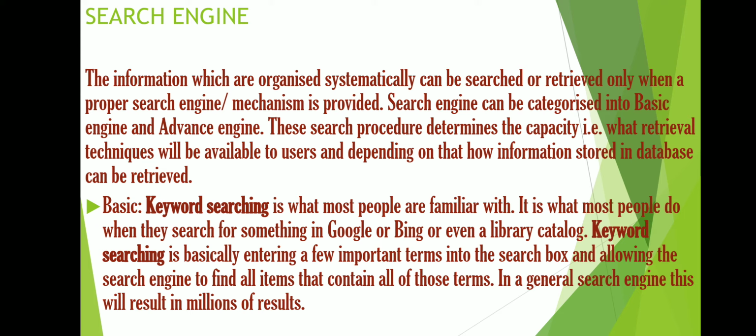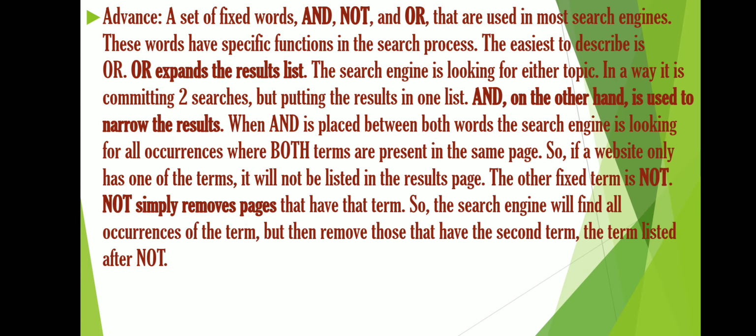One advanced method is there by which you can retrieve your data in a specific manner. That is the advanced manner. It is the using of some fixed words like and, not, and or. Like you want to know about either paracetamol tablet or paracetamol suspension.